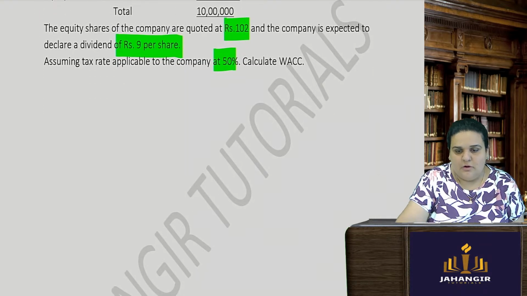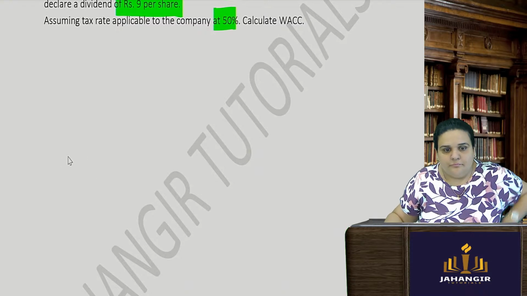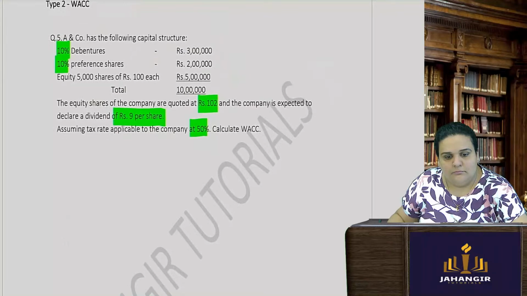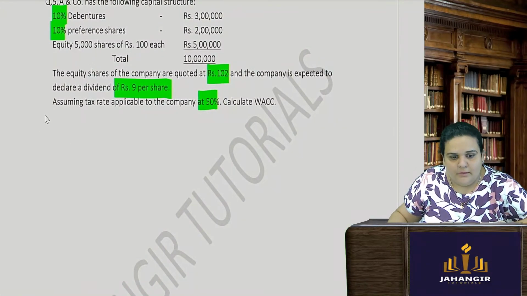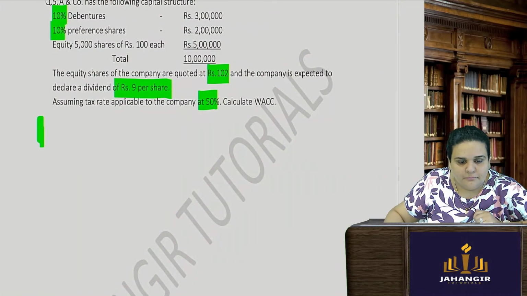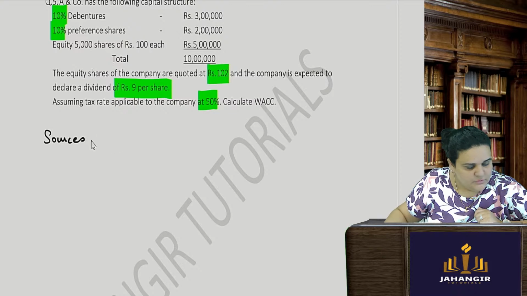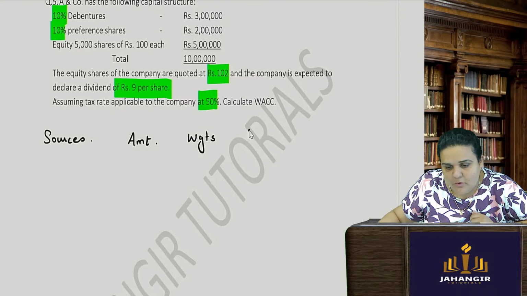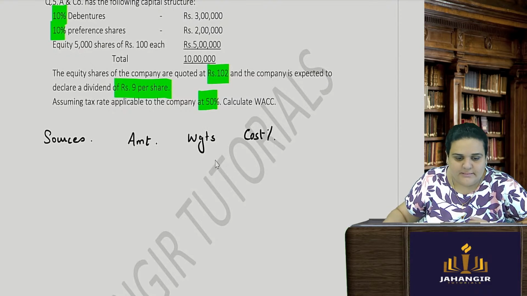Let's solve this. Sources and amount. I'm going to calculate in the form of weights only, and then the cost in the form of percentage.